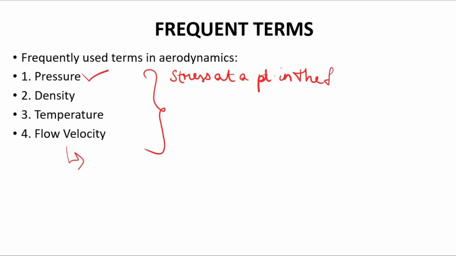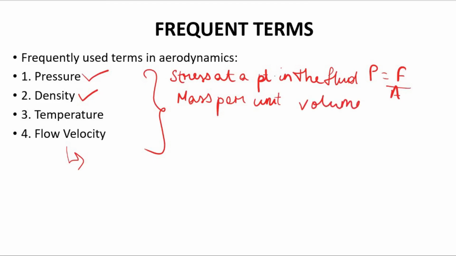In a mathematical formula, you can write it as force per unit area. The second term which holds importance is density, which means mass per unit volume.